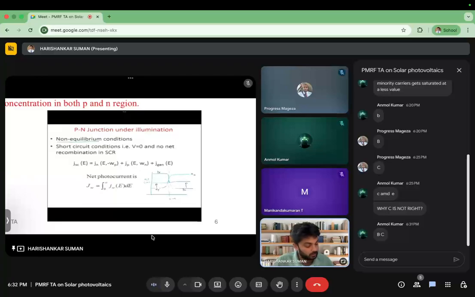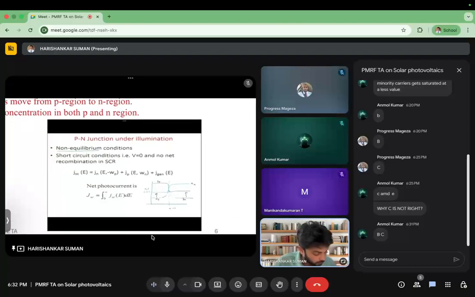Here is the concentration, you can see this moves up, because the number of charge carriers is increased due to the illumination.